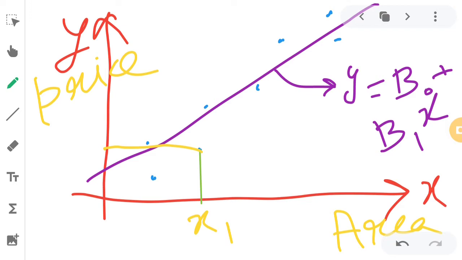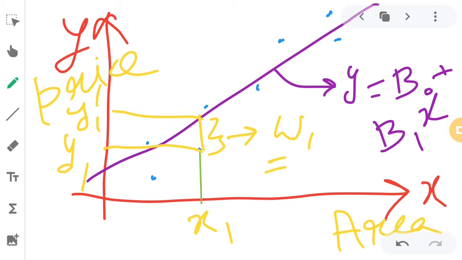For x1 area, in square feet, the price of the house is y1, but according to our regression model, the price is y1 dash. So how much error are we making? Error is w1 equal to y1 dash minus y1.